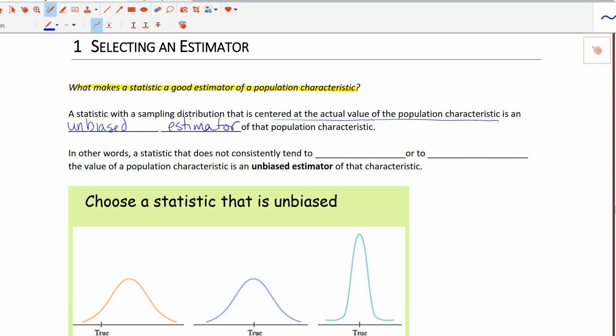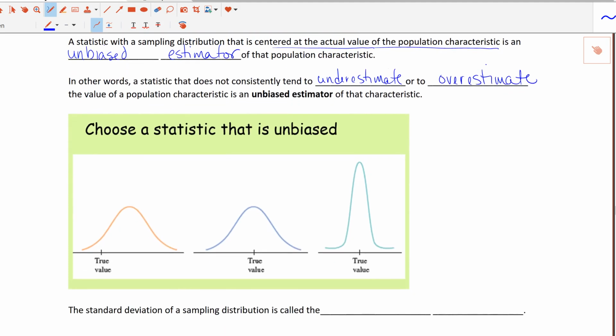So in other words, the statistic doesn't consistently tend to underestimate or overestimate the value of that population characteristic. That is an unbiased estimator.